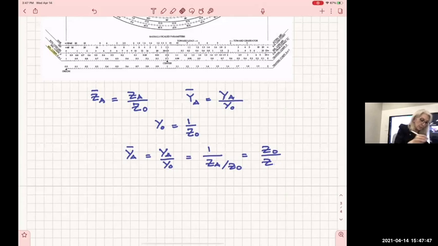The reason I'm saying that is something very important to remember. Look at that, normalized YA is equal to 1 over, here, normalized ZA, obviously, all right?